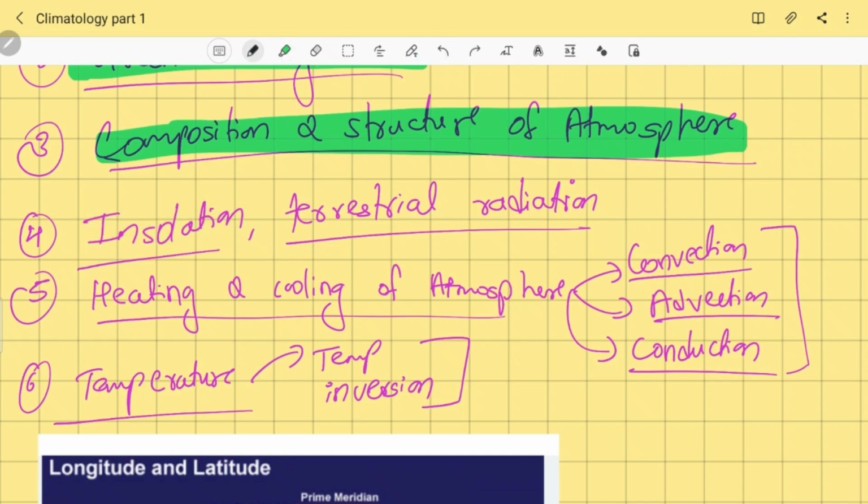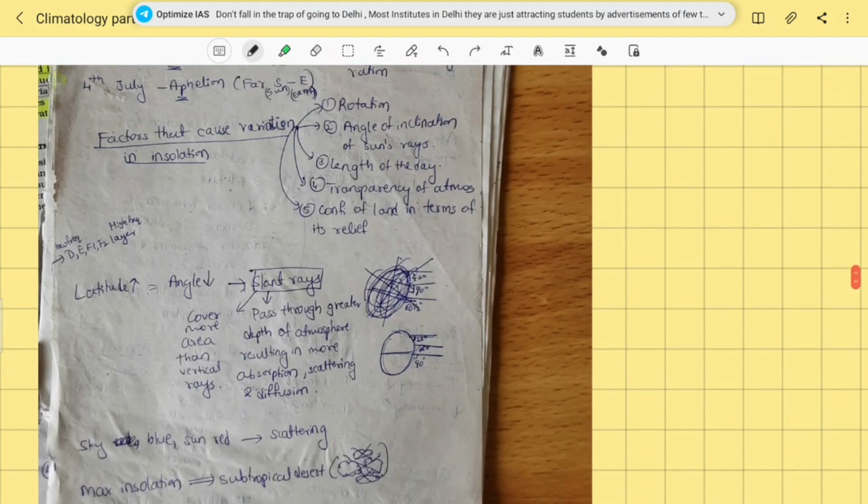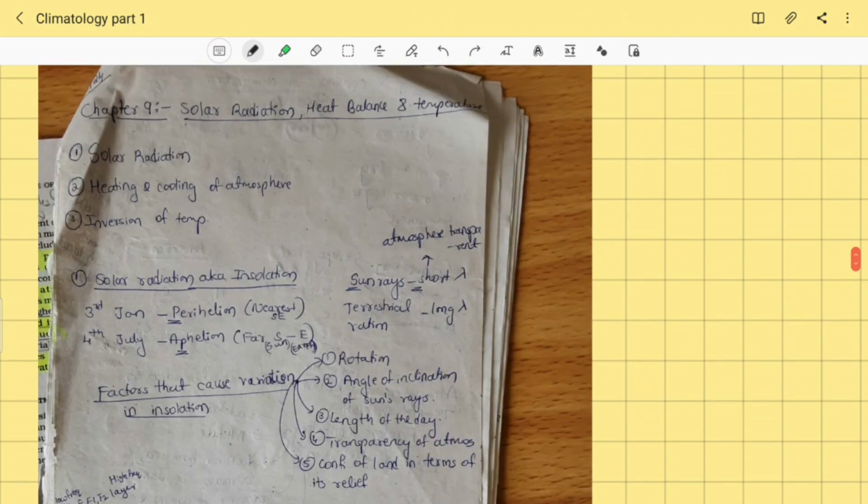Now we will understand what insolation and terrestrial radiation are. This is chapter 9, that is solar radiation, heat balance and temperature. Mainly we'll see three topics: one is solar radiation, then we'll study the temperature, and in that we'll also study the inversion of temperature.